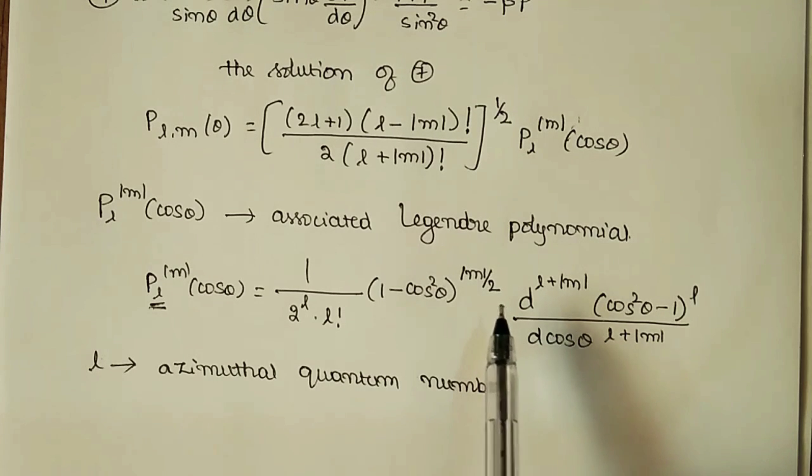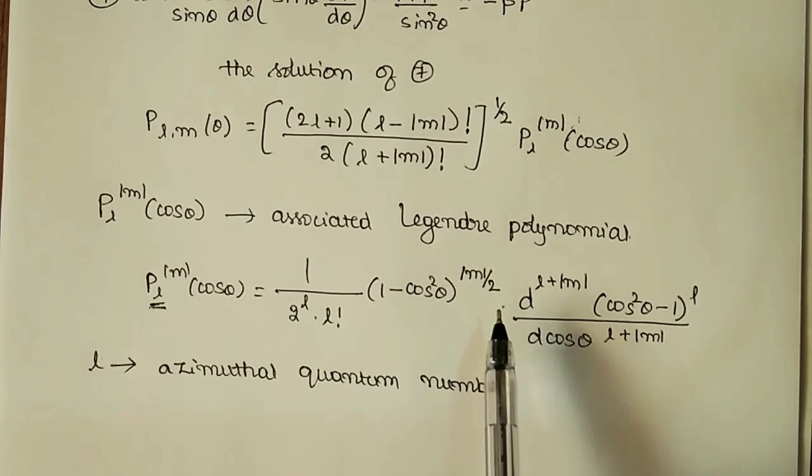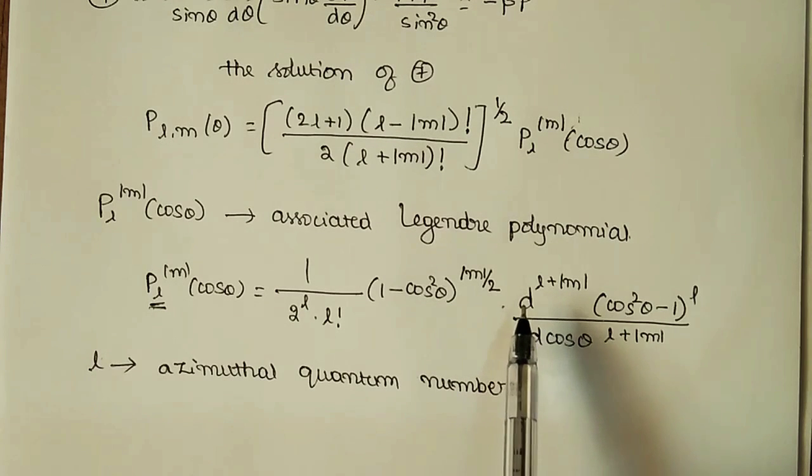And m, the magnetic quantum number, will give information about the actual orientation of the orbital in three-dimensional space. And that's about the solution of the Schrodinger wave equation when applied to the hydrogen atom.